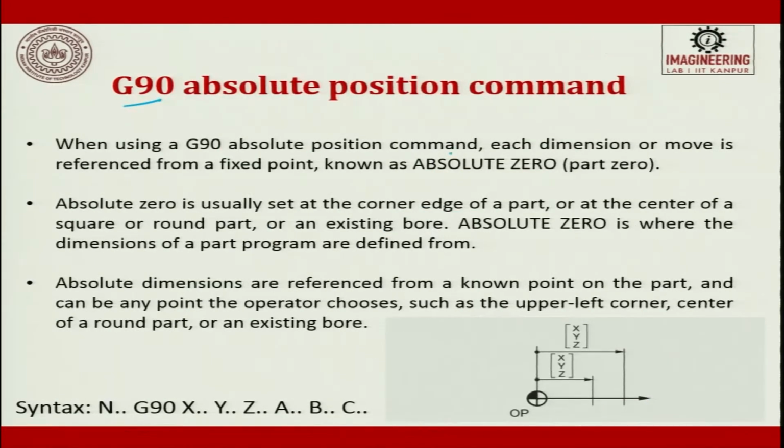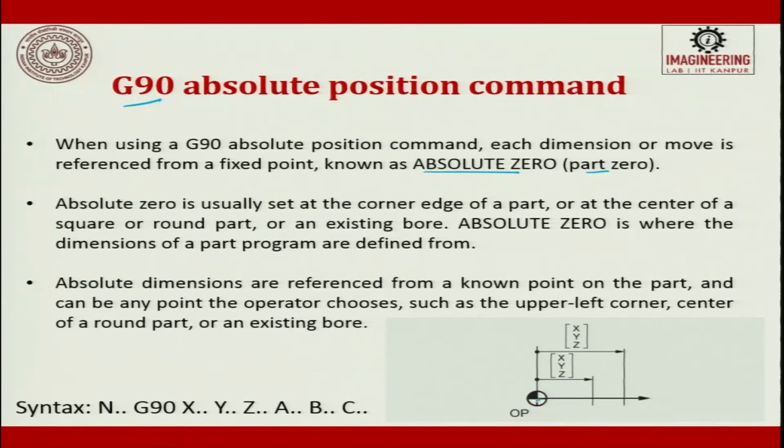G90 is the absolute position command. Each dimension or move is referred from a fixed point known as the absolute 0 point of the part, or part 0. The absolute 0 is usually set at a corner edge of a part, or at the center of a square or round part, or an existing bore. Absolute 0 is where the dimensions of the part programming are defined from.